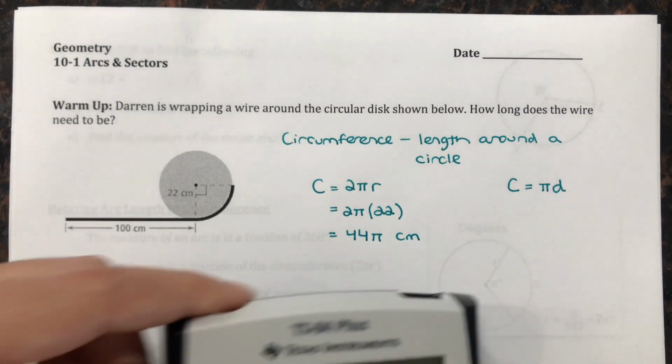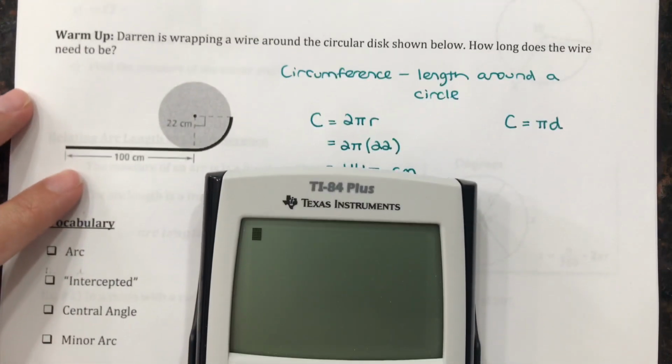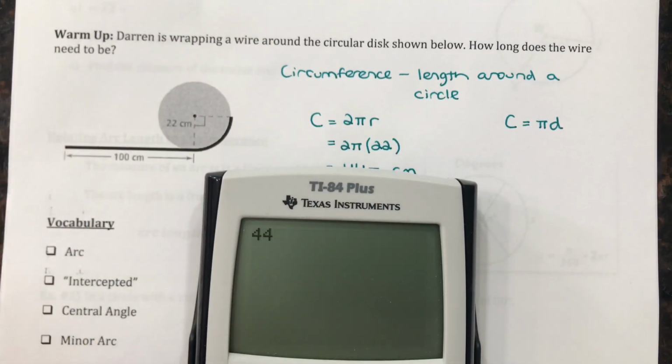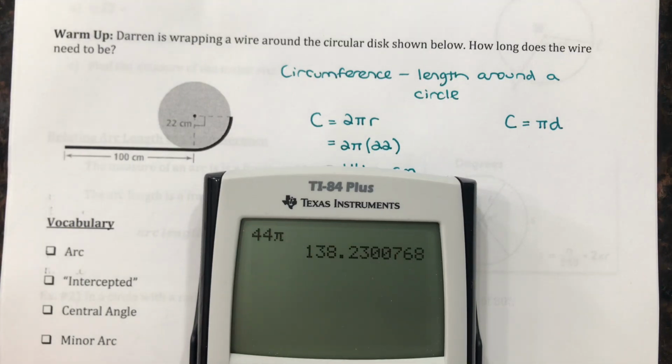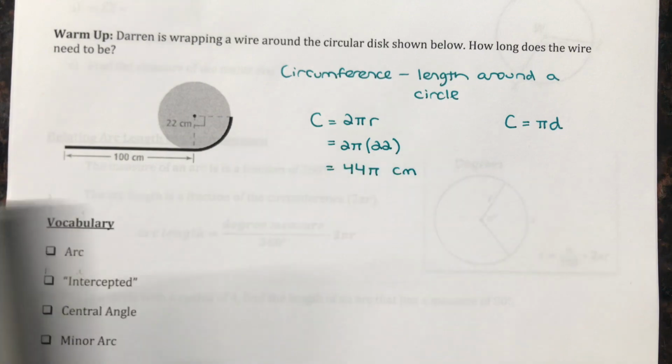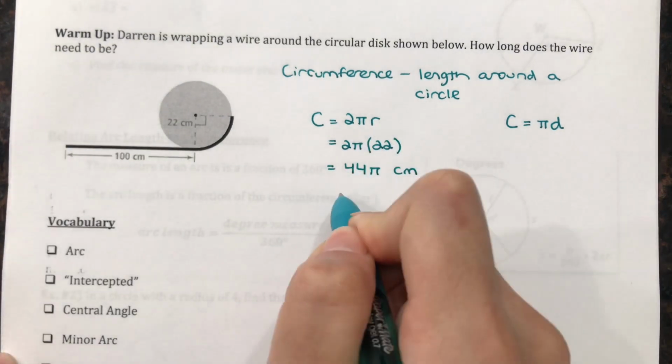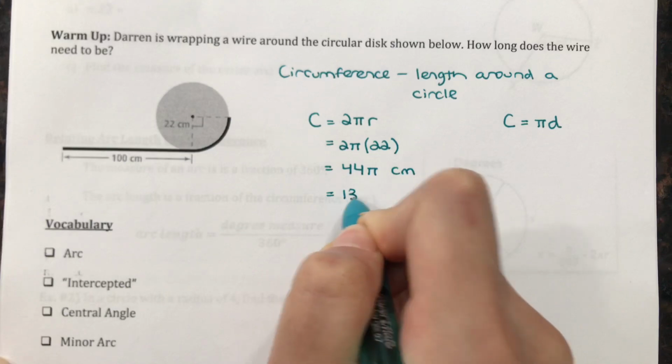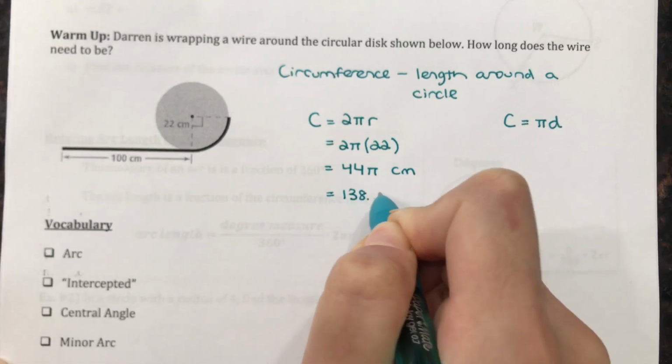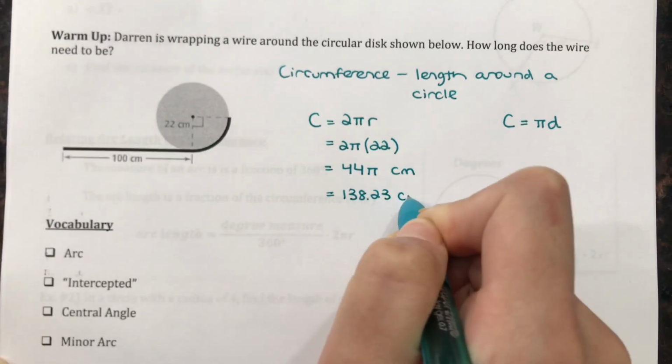So we're going to use our calculator and type in 44 pi, and we see that that is 138.23 centimeters.